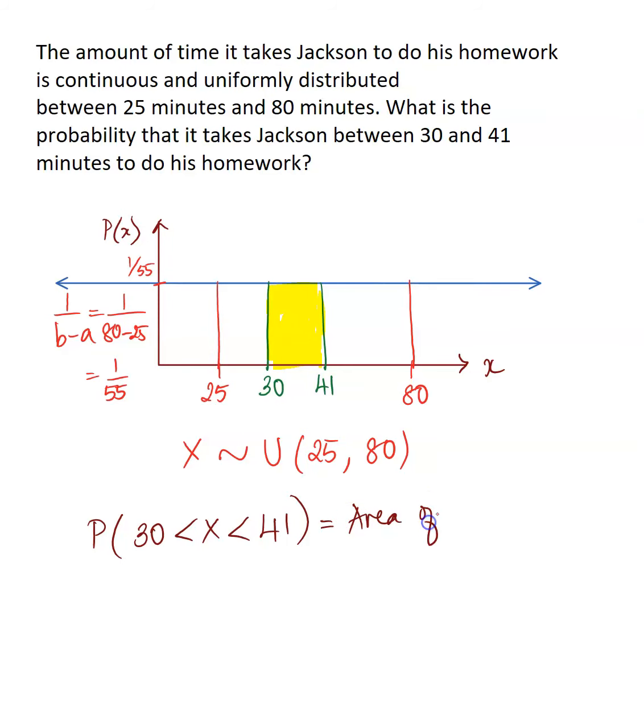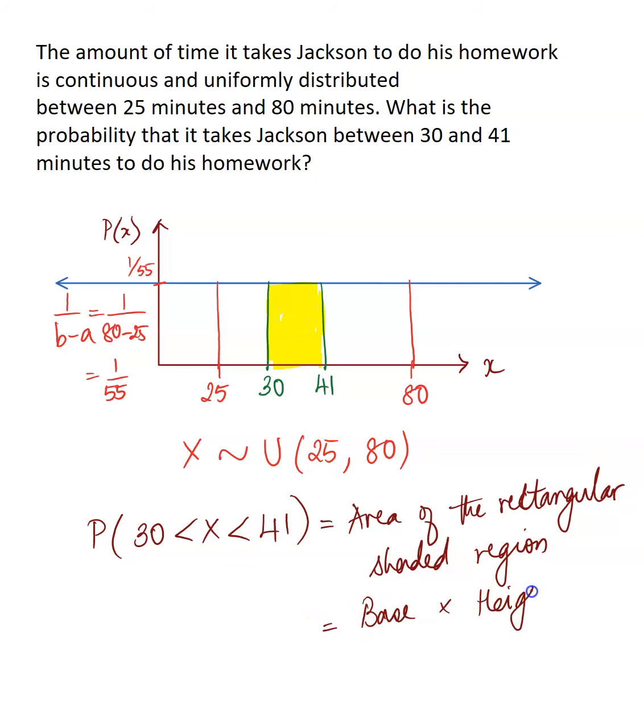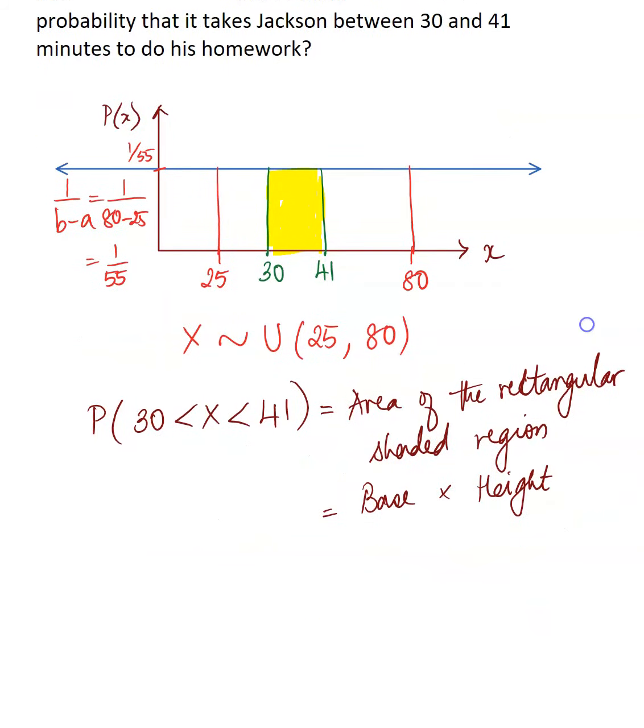of the rectangular shaded region, which is base times height. Okay, again, for a quick variety, I want you to realize that the base here is basically your x and your height is your p of x.